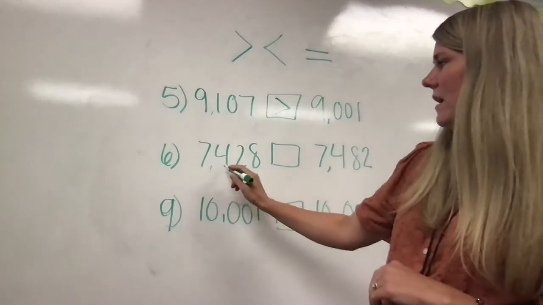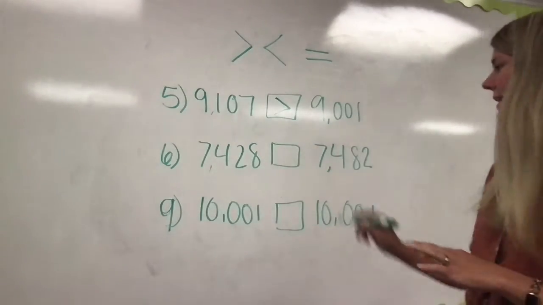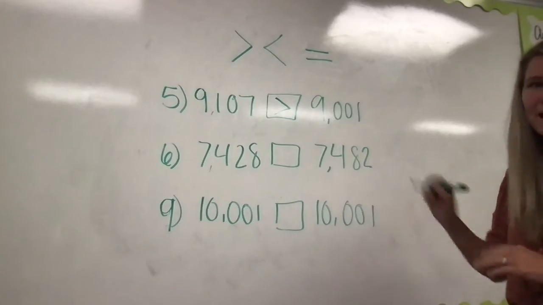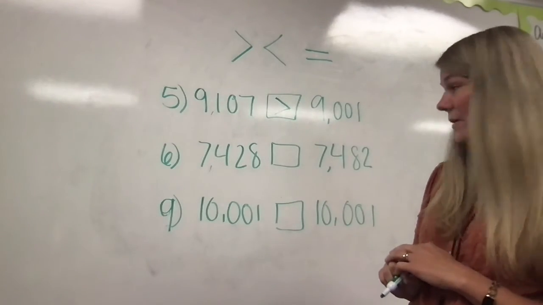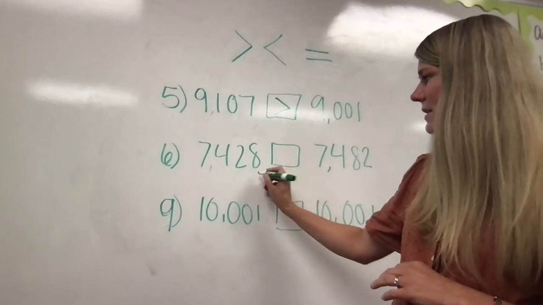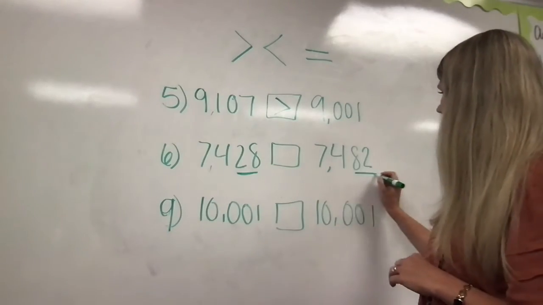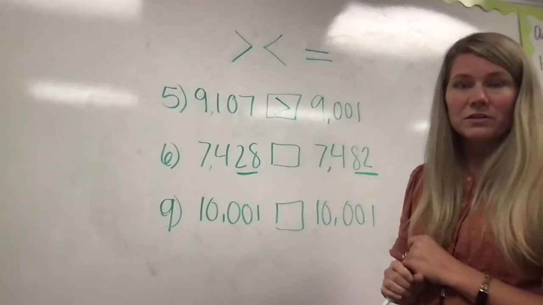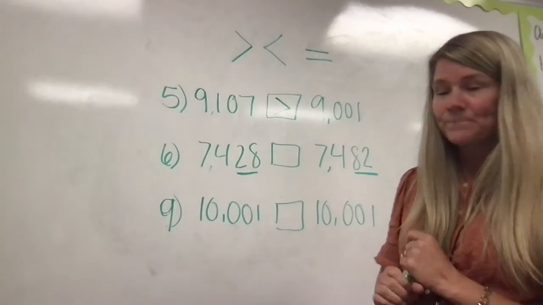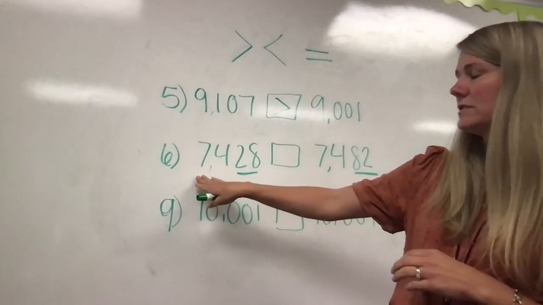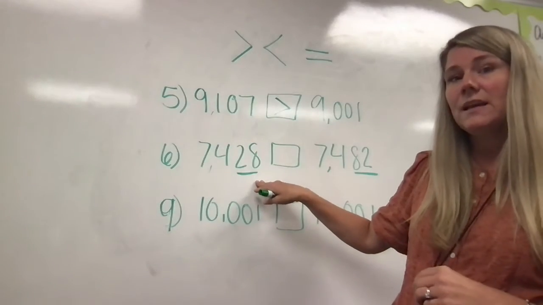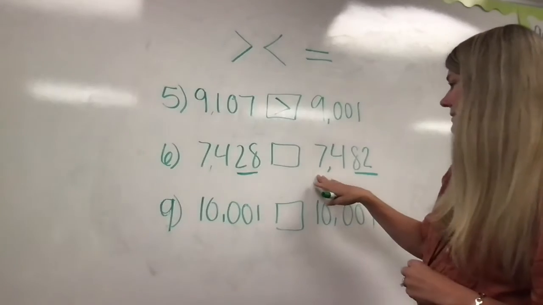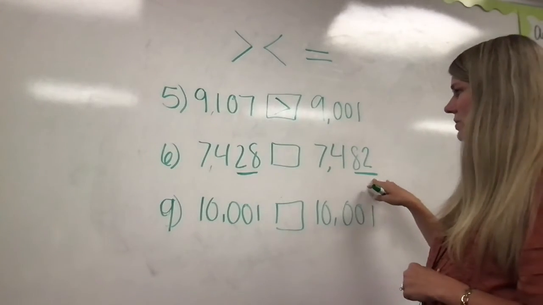We have 7,428. And we have 7,482. These numbers are very similar, okay? But we have to make sure we're looking at the end to know which of these is a greater number. So is 7,428 greater than or less than, or is it equal to 7,482?